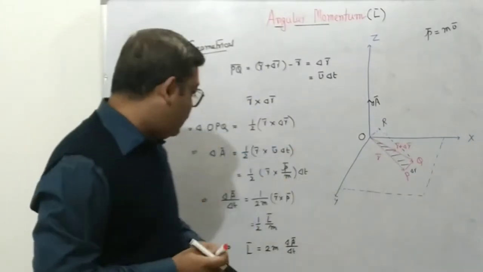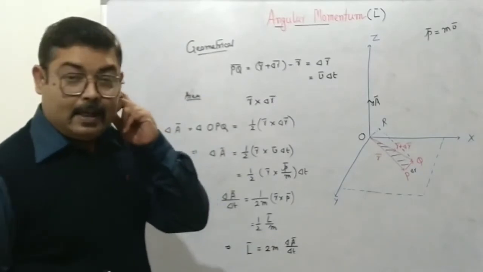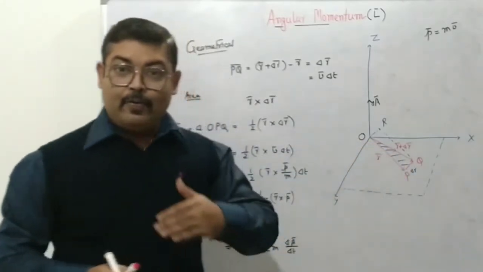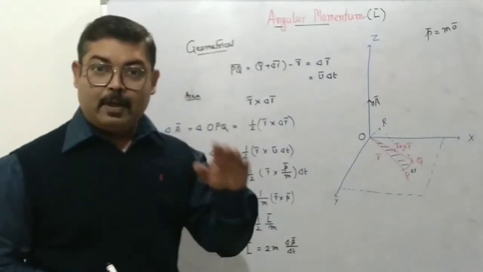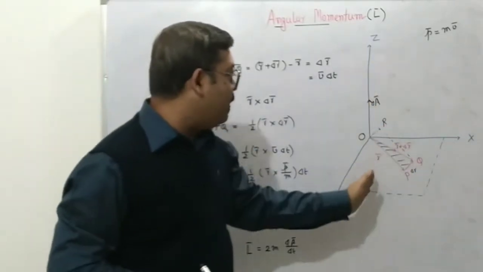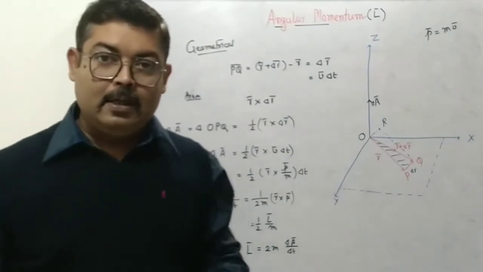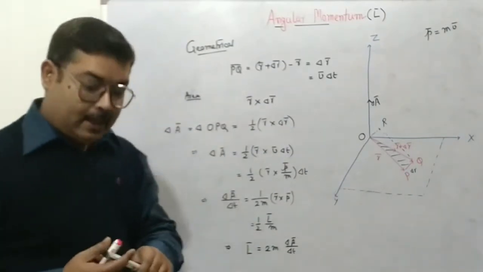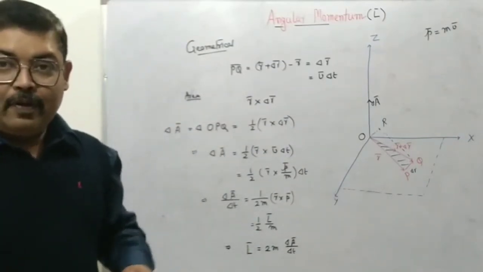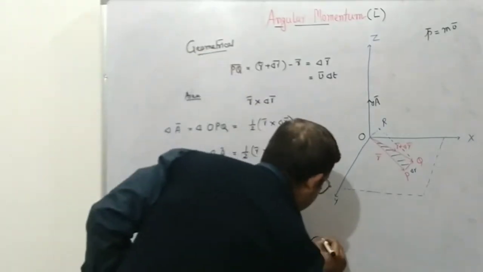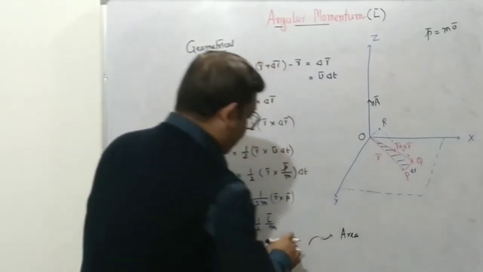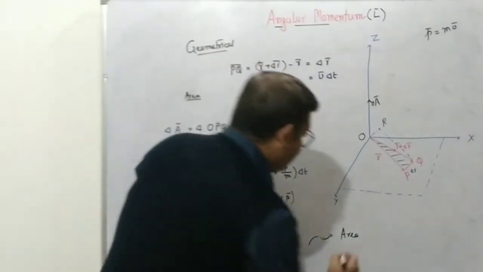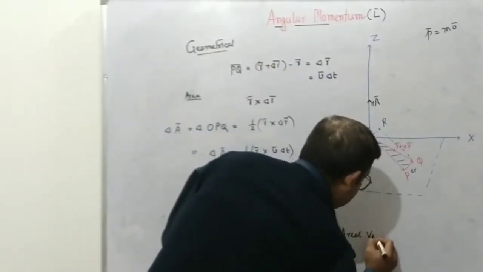So what we mean by delta A by delta T is that it is the rate at which area is swept out by the position vector of the particle which is rotating about the given axis, that is about the z axis. So delta A by delta T is equivalent to a certain type of velocity, and this velocity is known as areal velocity, the rate at which area is swept out.